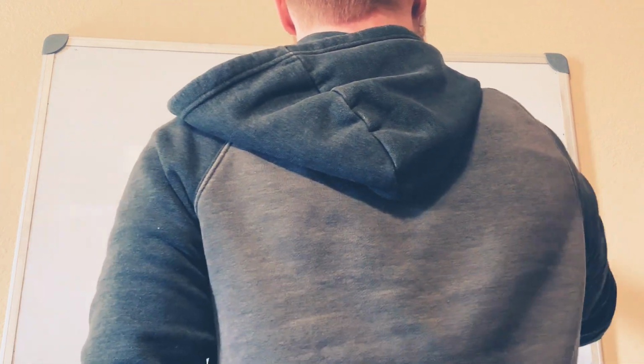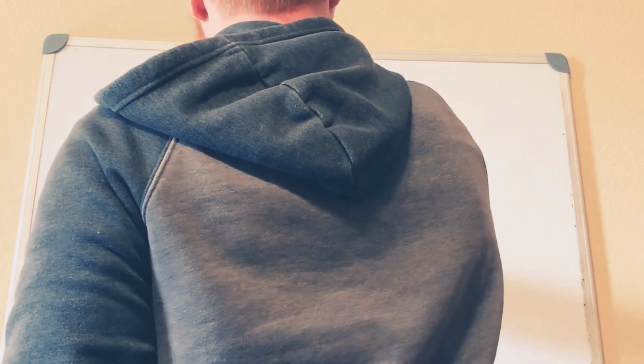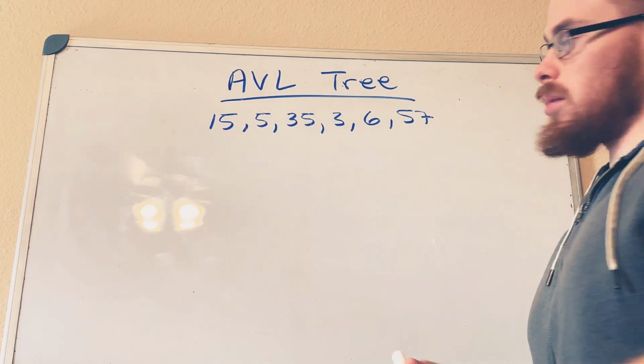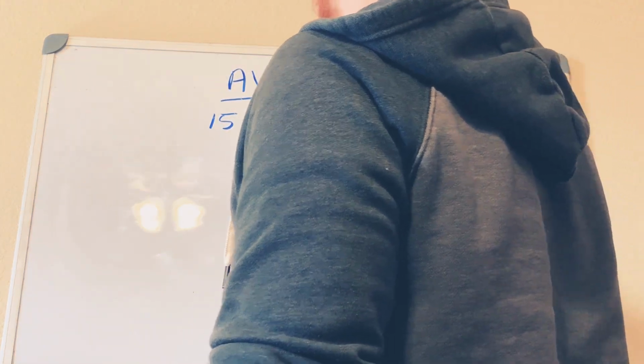It's a tree that, when you insert, is going to check to see if it's balanced. Let me talk about a balanced tree just in case you guys don't know. Let me build a tree here real quick.